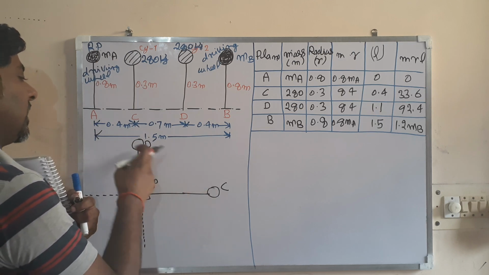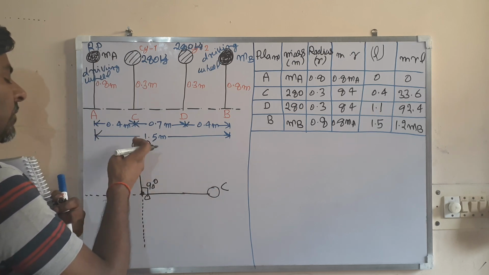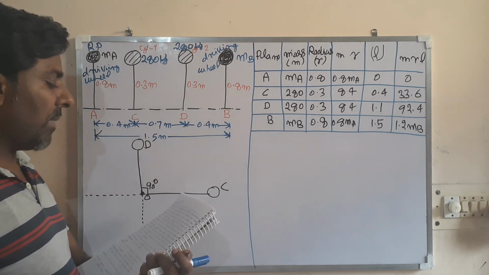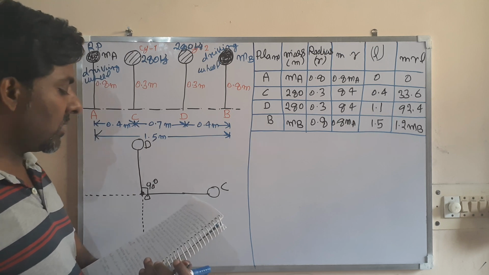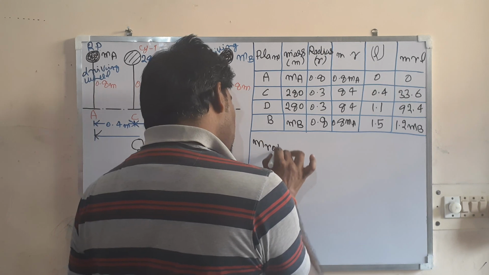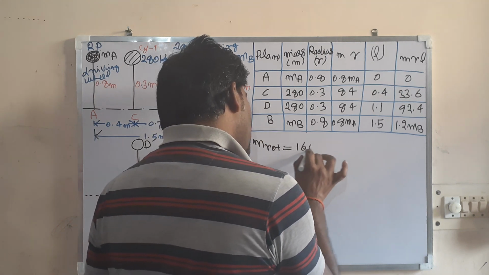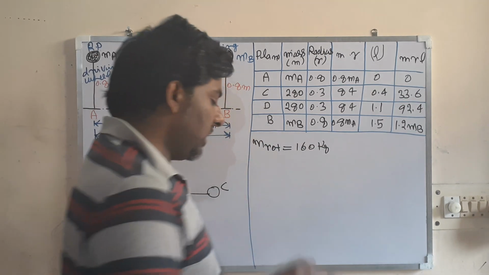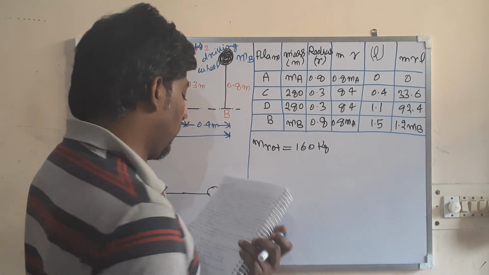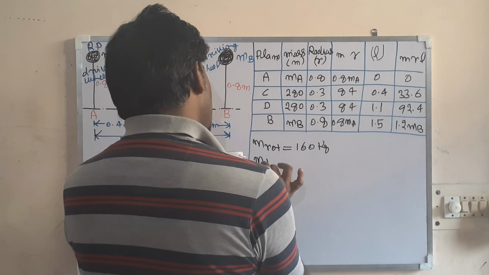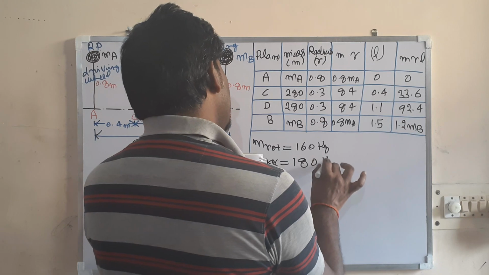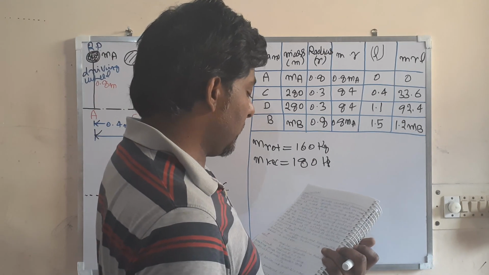The mass of the revolving part per cylinder is 160 kg, given for one cylinder, and the mass of the reciprocating part per cylinder is 180 kg.